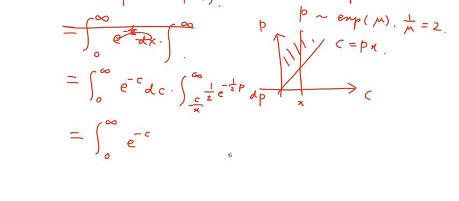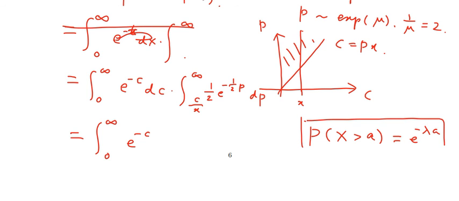So from this point to infinity, for the exponential distribution, this probability is equal to e to the negative lambda a. We can use this formula. So this one integrated out is just e to the negative half times c over x, dc.